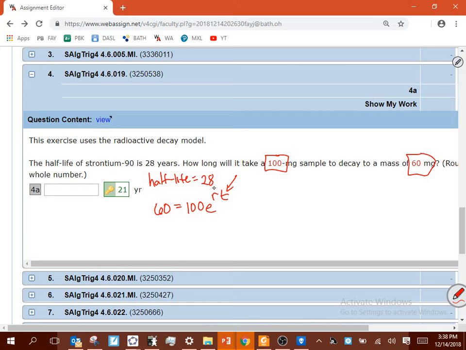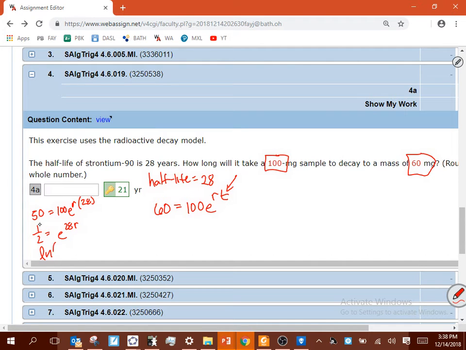R, remember, is not half-life. The way we're going to find R is, if I had 100 to start off with, I'm going to get down to 50 for the half-life. E to the R times T, and T in this case would be 28, because that is indeed my half-life. So divide both sides by 100, it gives me 1/2 equal to E to the 28R.